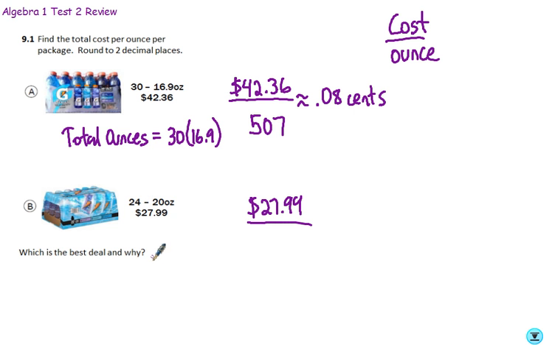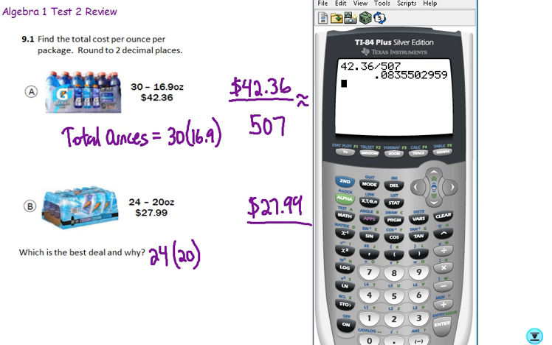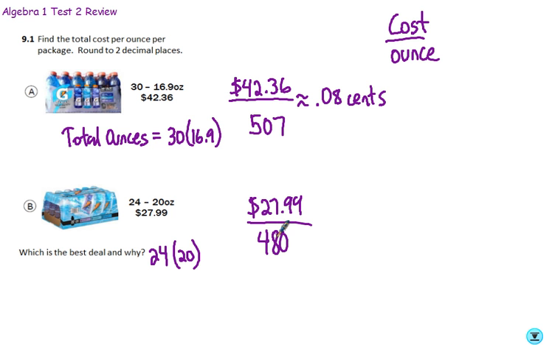You get 24 20-ounce bottles, so 24 times 20 gives you 480. So you get a total of 480 ounces. You're getting fewer ounces, but it also costs less, so maybe it ends up being a better deal.